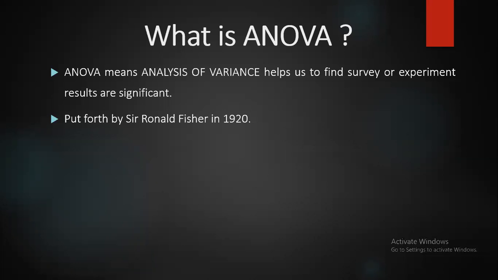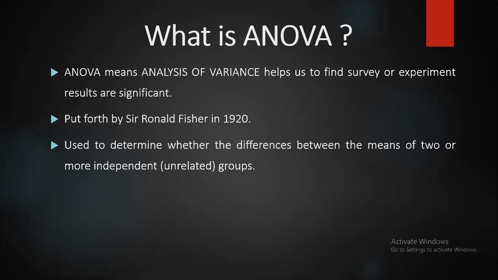Now, what this ANOVA actually does, or how it will help you, is that it will help you to determine whether any differences arise between the computed means of two or more independent or unrelated groups.